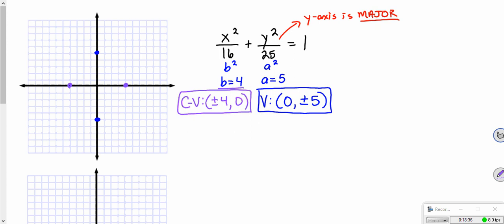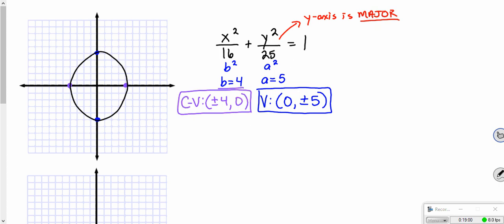Okay, so I plot my 4 points and then I do my darndest to connect them in a smooth way, which you all know me in drawing. That's kind of sad, but it could be worse. Now, because the co-vertices are 4 and the vertices are 5, there's not a whole lot of difference, so that is similar to a circle.